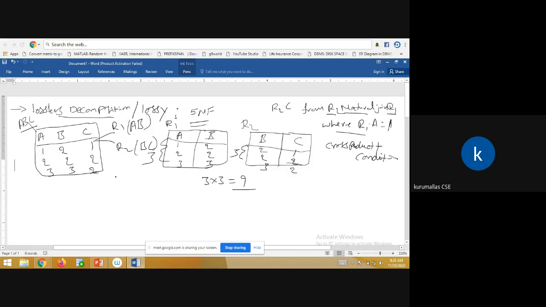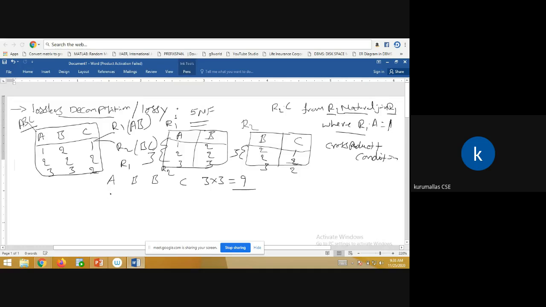If you observe, we have common attribute columns. We have table A, B and B, C. This belongs to R1, and this belongs to R2.